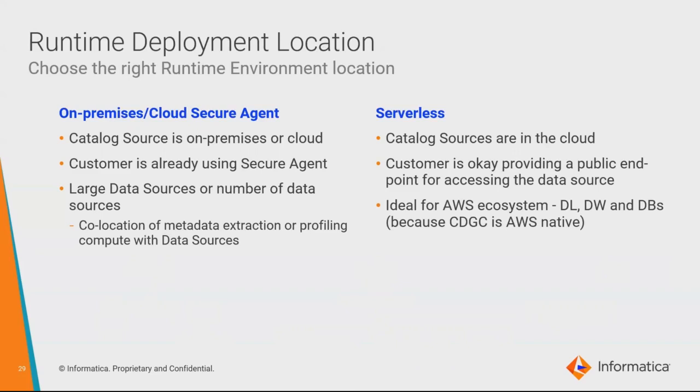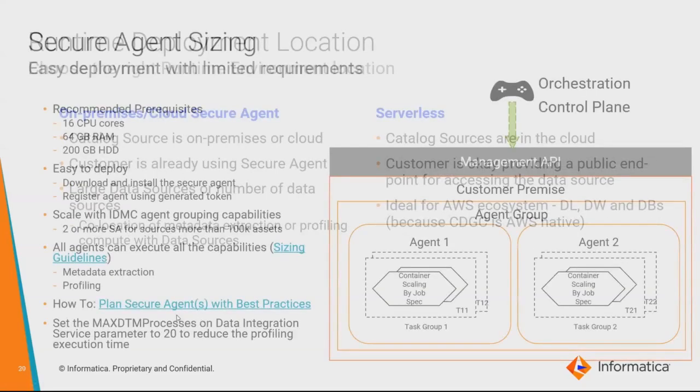In the CDGC, this option is only available for the cloud sources such as Snowflake, Amazon S3, Redshift, and so on. Please note that the serverless option is only for metadata extraction and does not offer any profiling capability. However, it is on the CDGC roadmap already. The exhaustive list of the sources supported as serverless runtime is available in the FAQ slide later in this deck.